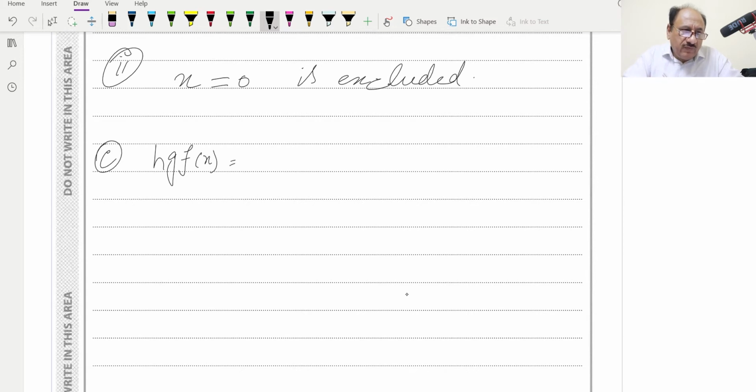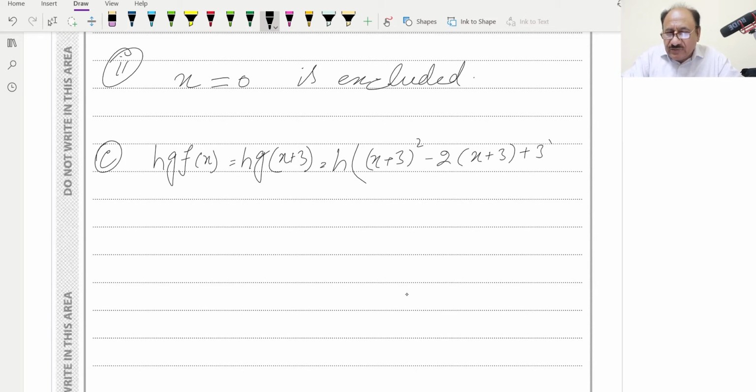So first of all, we will replace f of x, and we will get hg of f of x, and f of x is x plus 3. Now in g of x we will replace, so it will be what? In g of x, if we replace x with x plus 3, we will get (x plus 3) squared minus 2 into (x plus 3), and plus 3.